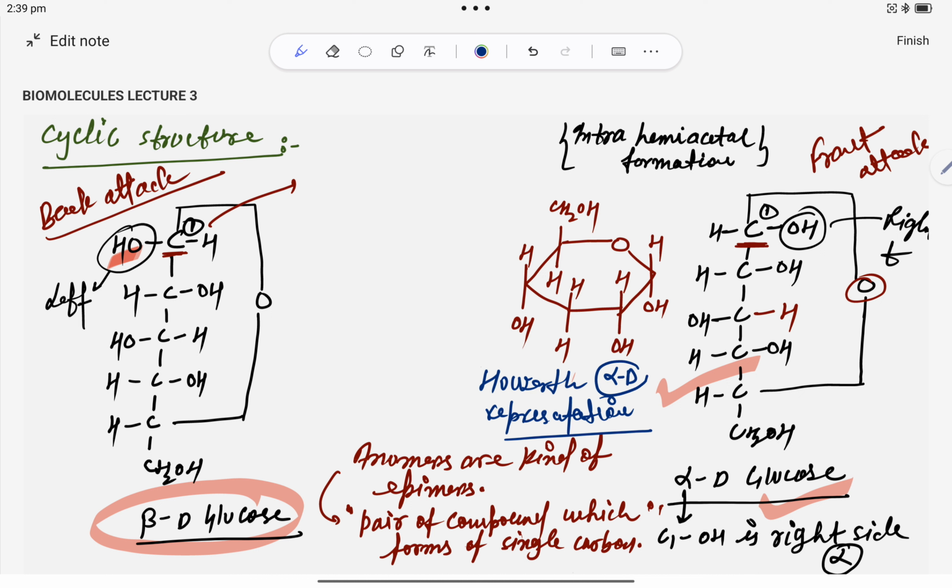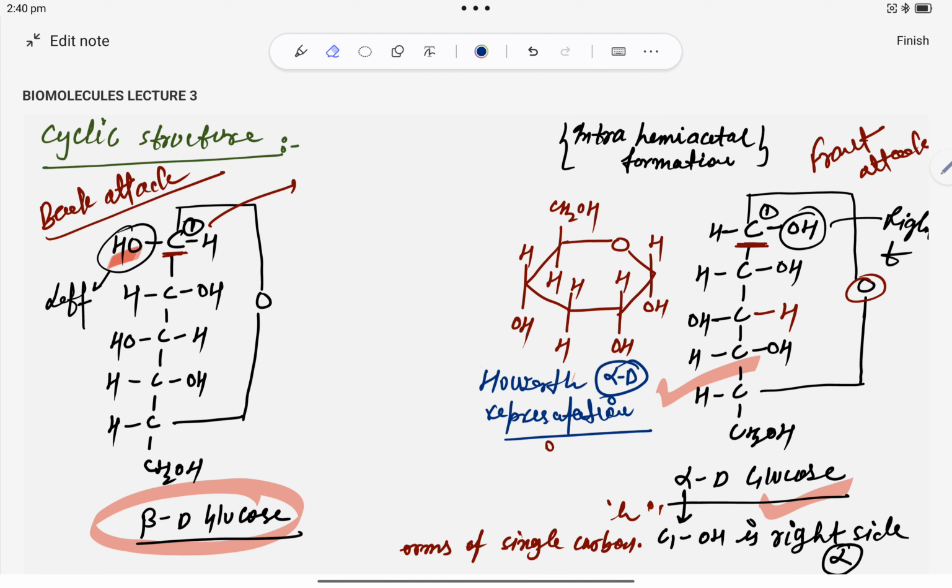It is a Haworth representation for alpha D glucose. What trick are we following here? Whatever is on the right side, that will be placed below.